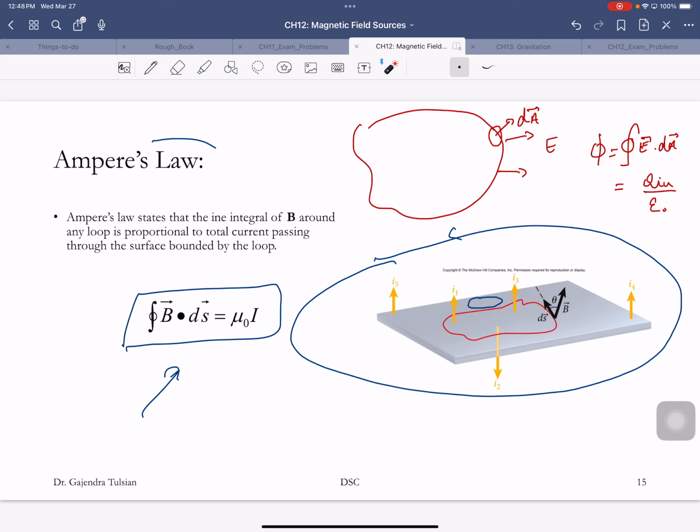If you're going around the loop in this direction, you use your right hand: your fingers point in the direction in which you traverse the loop, and your thumb points in the direction of positive currents. So these currents would be positive and that would be negative. For instance, if you did the line integral around that loop, there's no current threading it, so that line integral would be zero.